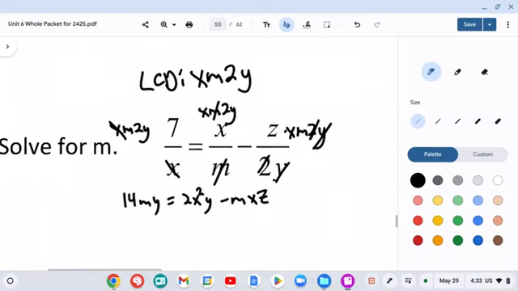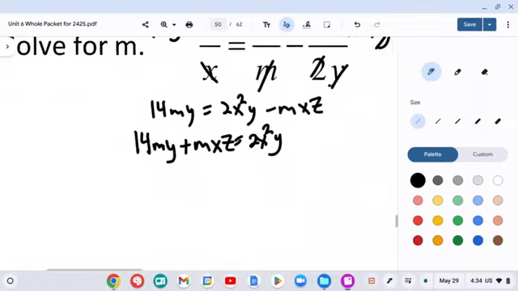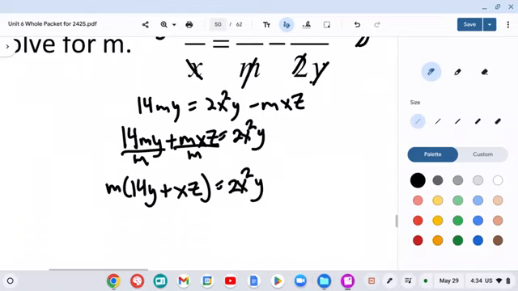mxz. And then you're trying to get m by itself. So I'd move all the m's to one side in this case. So you have to add m to both sides. And then you can pull out a greatest common factor on the left side. So if you pull out an m, you get 14y plus xz equals 2x squared y.